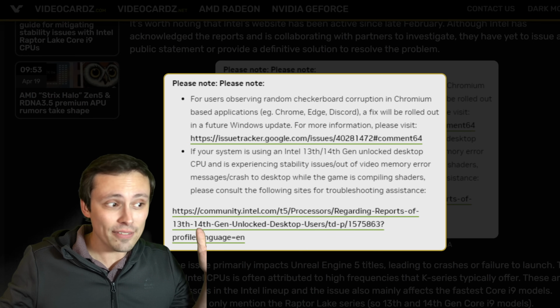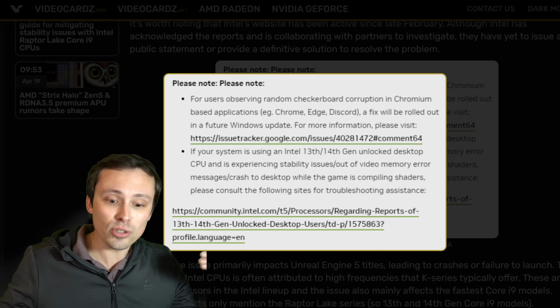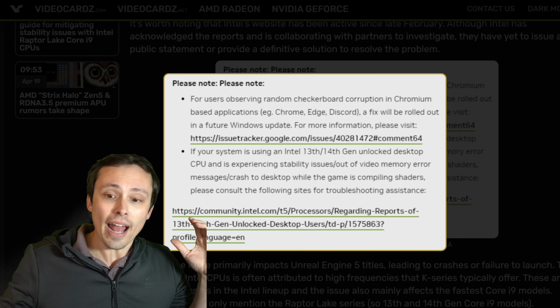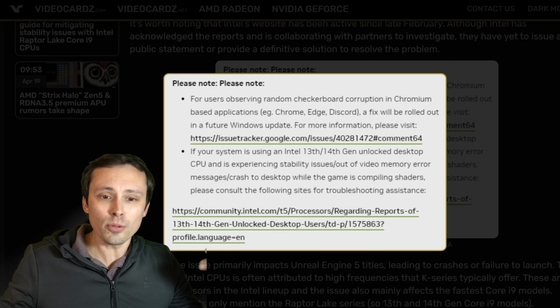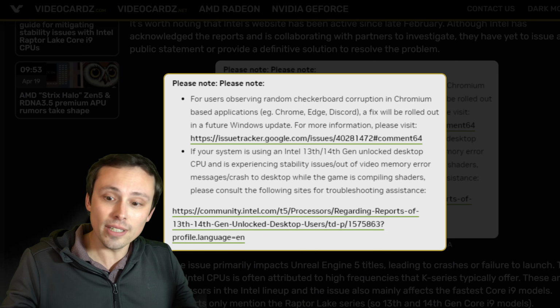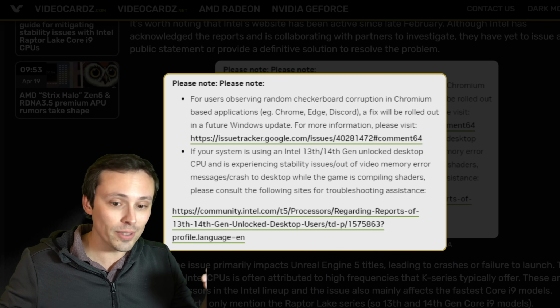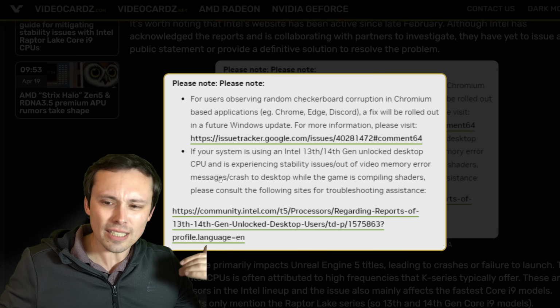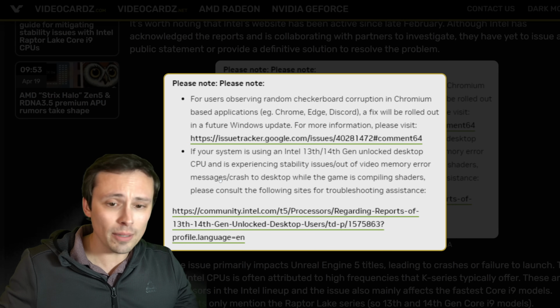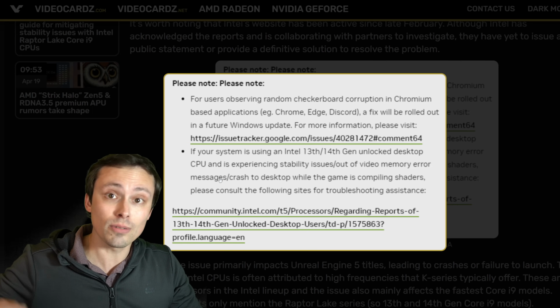So actually, Nvidia themselves, in a driver changelog, have noted that this issue is an Intel issue. So in other words, let's say you are a user experiencing an out-of-video memory crash report from a game. Well, to me, that would sound like a video card, right? So you might be thinking you are having issues with your graphics card.